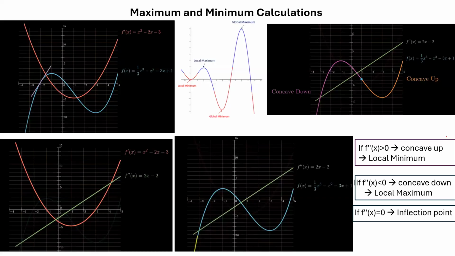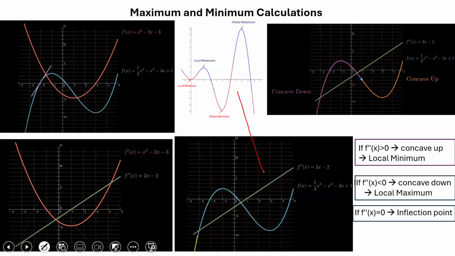Just by looking at the graph, local maximum or local minimum is any point where there is a maximum and where there is a minimum. But global maximum is the point where you have the maximum of all the peaks, and global minimum is where you have the minimum of all of them.